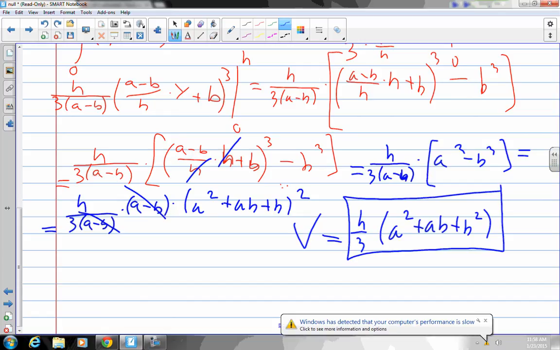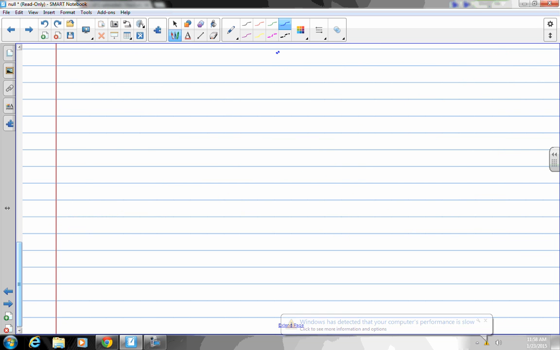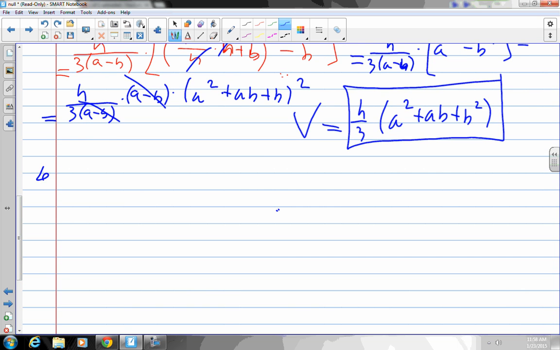Now, here's an experiment that I want us to perform. Let A equal B. If A equals B, what do you get? Yeah, you get like a square base rectangular box, right? If A equals B and I put it in there, it's h over 3, and then it's a squared plus a times a plus a squared, right?